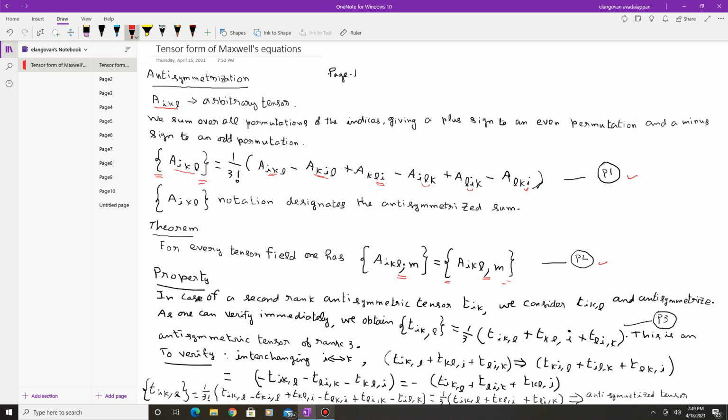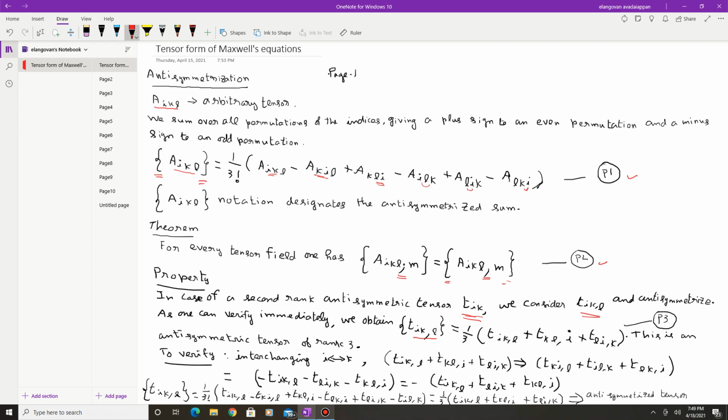Next, let us consider an anti-symmetric tensor T_ik. Take T_ik comma l, the normal derivative of this tensor, and anti-symmetrize it. Putting T_ik,l in the curly bracket means the tensor is anti-symmetrized.